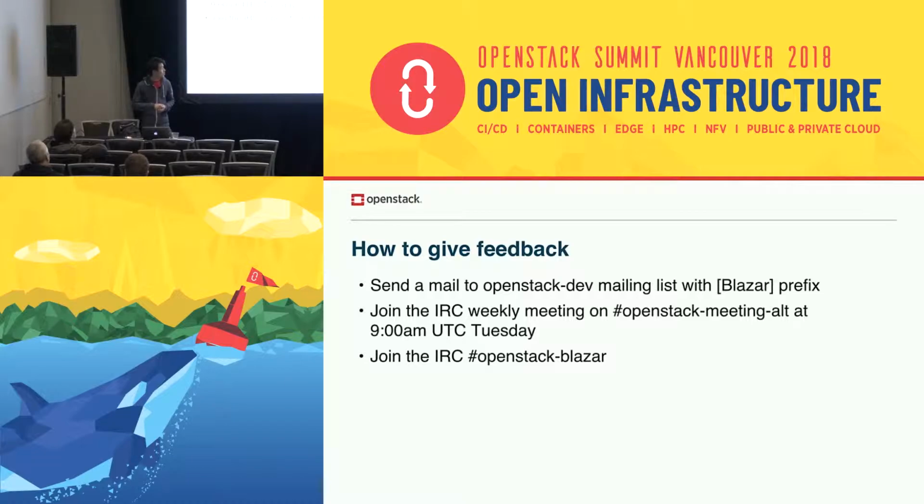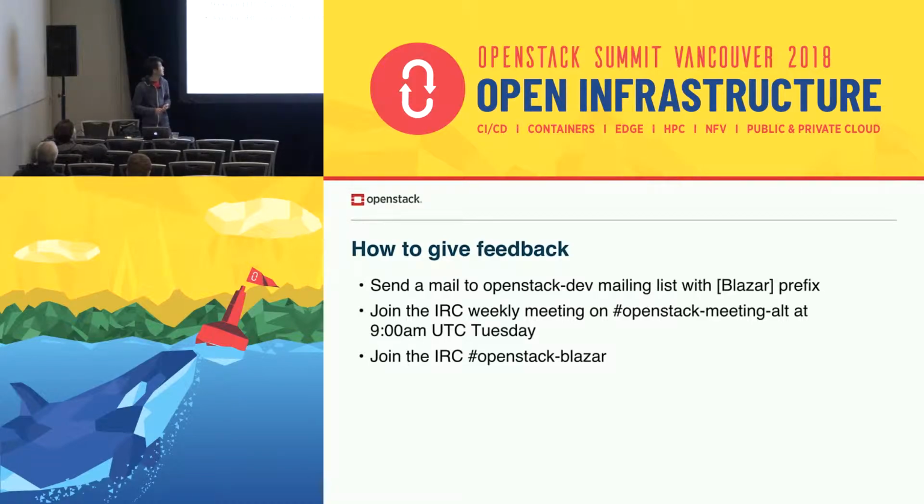And if you have any questions or feedback for the Blazar project, there are lots of ways to reach us, but I think three ways are good, as usual in OpenStack projects.